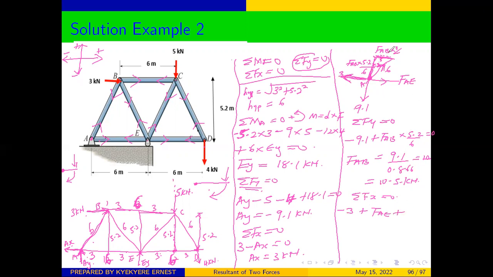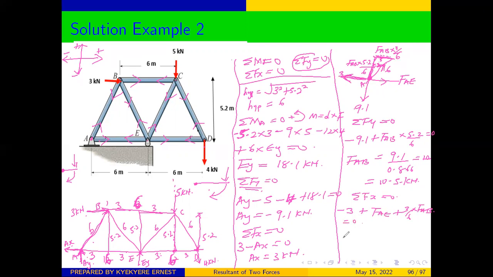plus the x component for the one we resolved, which now is 3 over 6 times FAB. But we have already calculated FAB, and we can substitute.